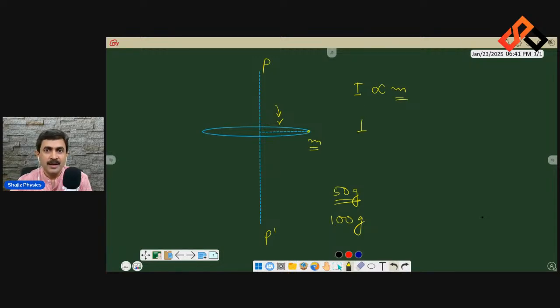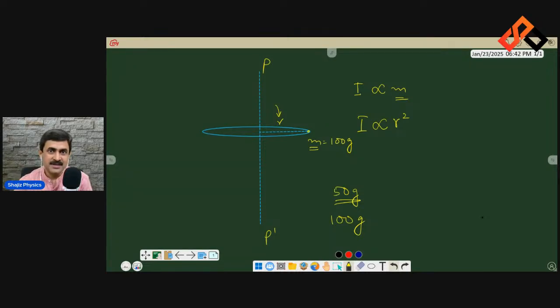Now, again, I is found to be proportional to the square of the radius. If you keep the mass the same, say a mass equal to 100 gram, you are not changing the mass. Instead, you are playing with the radius.